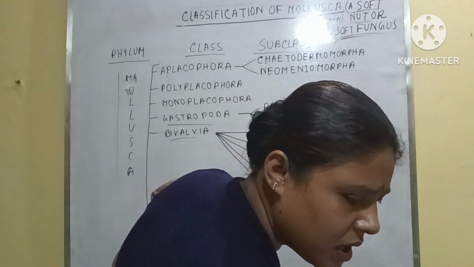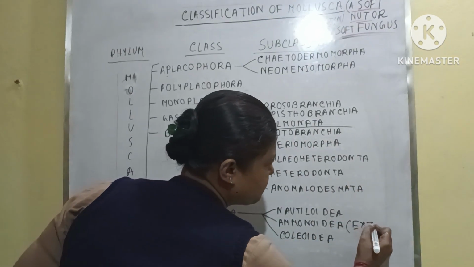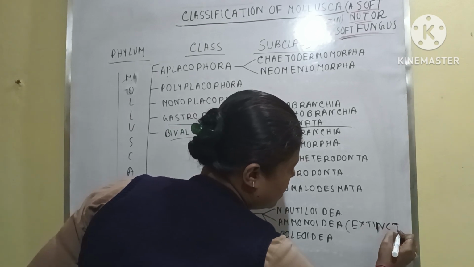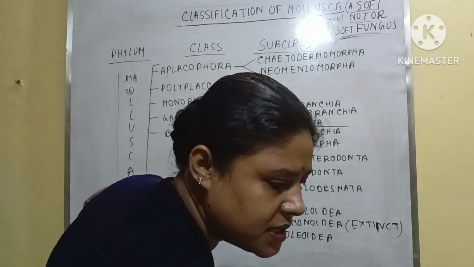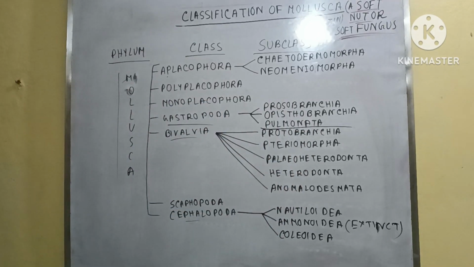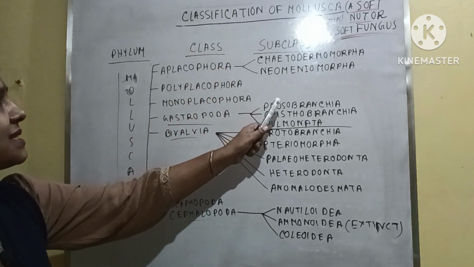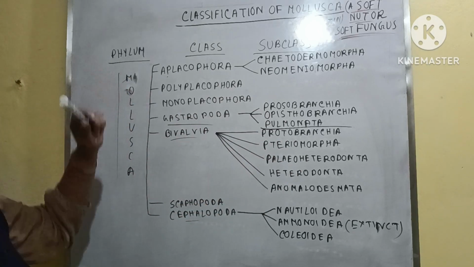So this is extinct. Okay, extinct. Clear? And so today we will learn some features related to classes and subclasses with examples, and obviously the features of the phylum Mollusca.